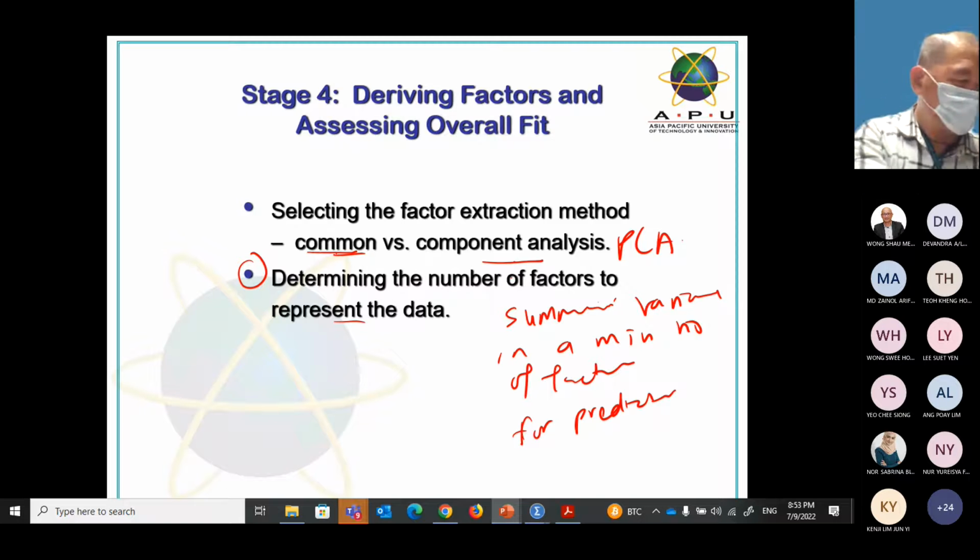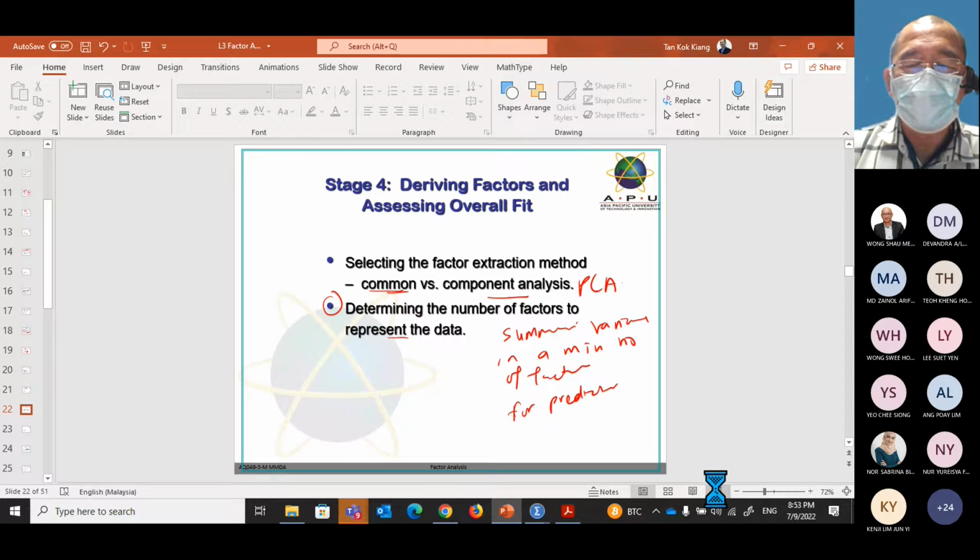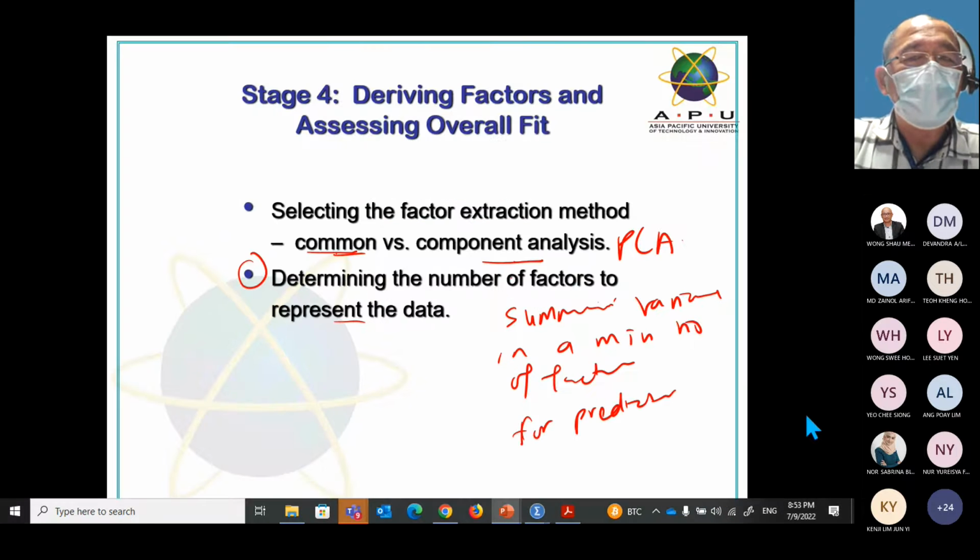Sir, I remember last time I learned something about grouping, called K means clustering. Is it something related to that? I think that one should be cluster analysis, the next chapter. When I learned that last time, it also mentioned you need to determine the minimum factors or grouping for prediction.